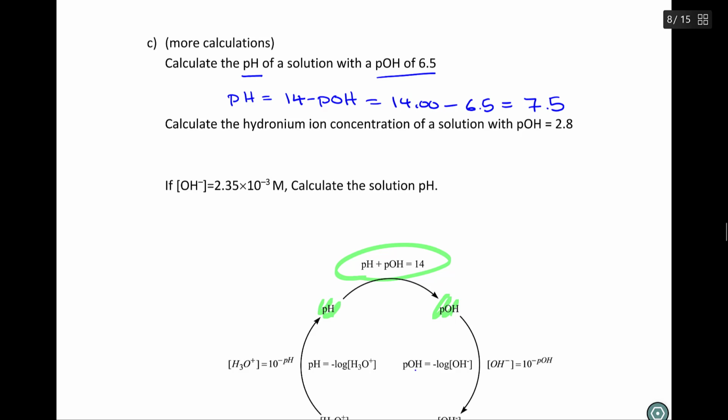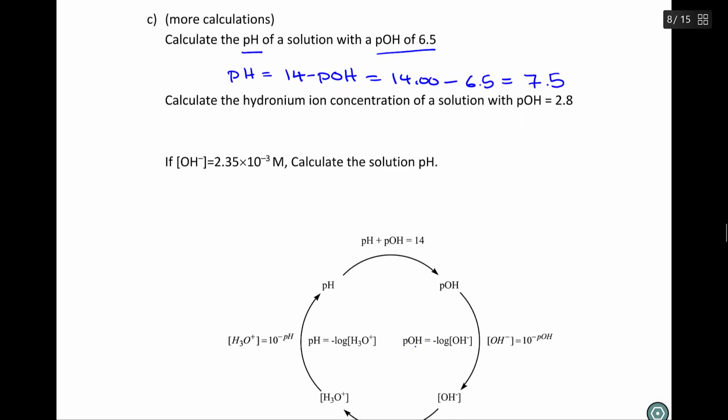Okay, let's do another example. I'm going to erase what I did on here. Calculate the hydronium ion concentration of a solution with a pOH of 2.8. Now, I'm looking for hydronium ion concentration, and I'm given the pOH.